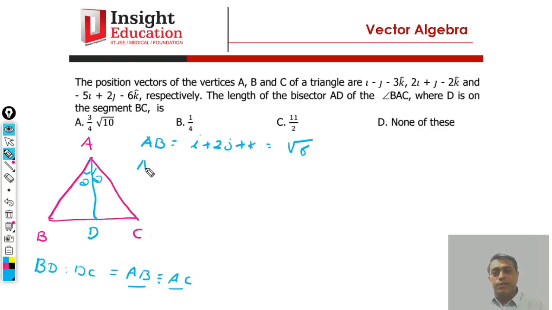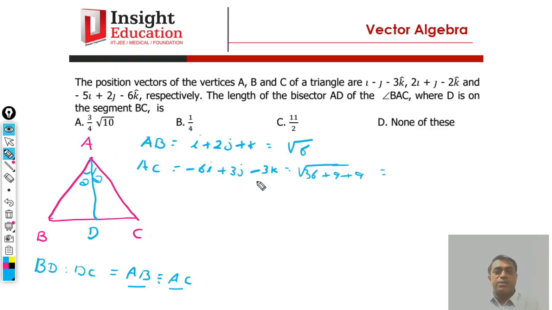Similarly, find out AC. AC is equal to minus 5 minus 1, minus 6I, plus 2J minus minus 1, so plus 3J, minus 6 plus 3, minus 3K. So under root 36 plus 9 plus 9.